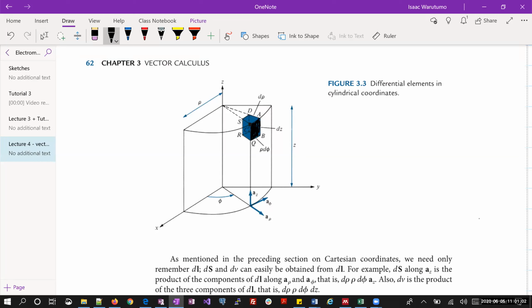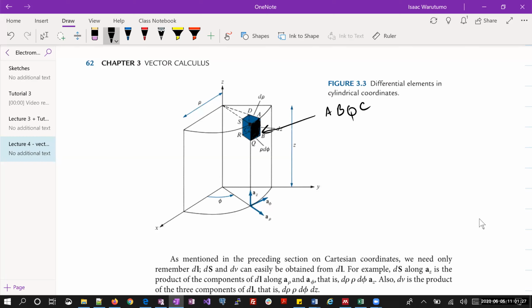So here the idea that I want to work with is that this is going to be my elemental surface area. I'm calling it ABQC, the one I've shaded in black.